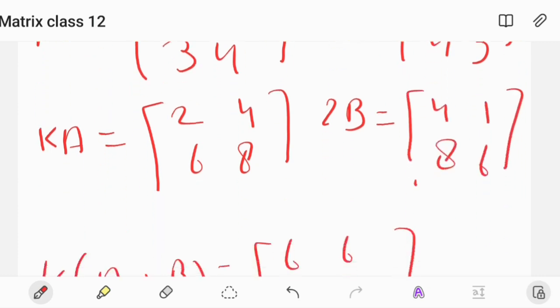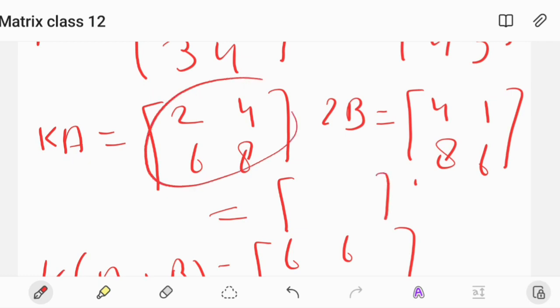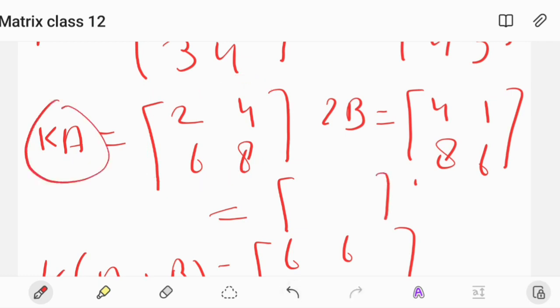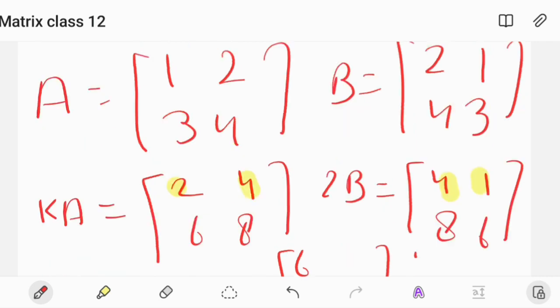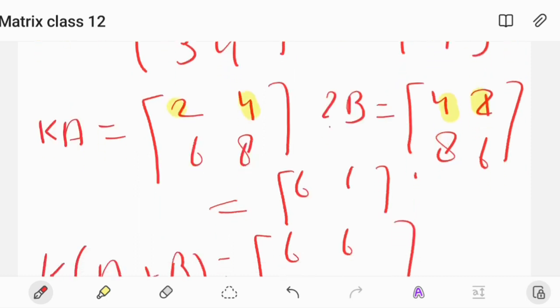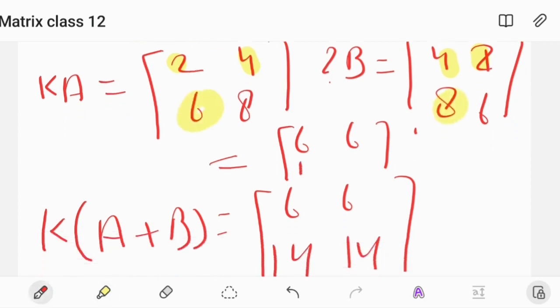If I add both of these two matrices, then what do I get? I am writing it small here. If I add this and this, I get 4 plus 2, which is 6, 2 plus 4 which is 6, and 6 plus 8, which is 14, and 8 plus 6 which is 14.